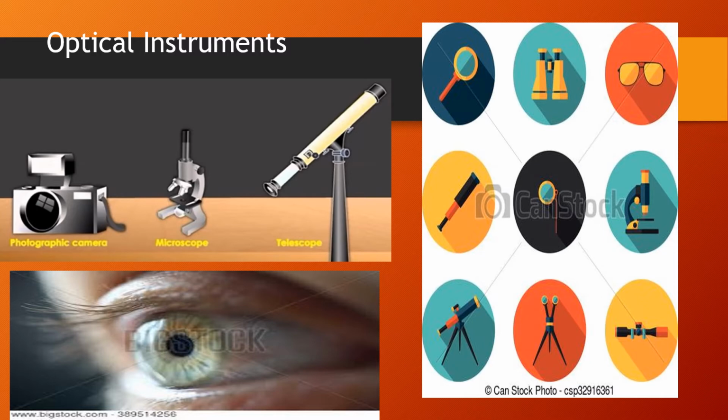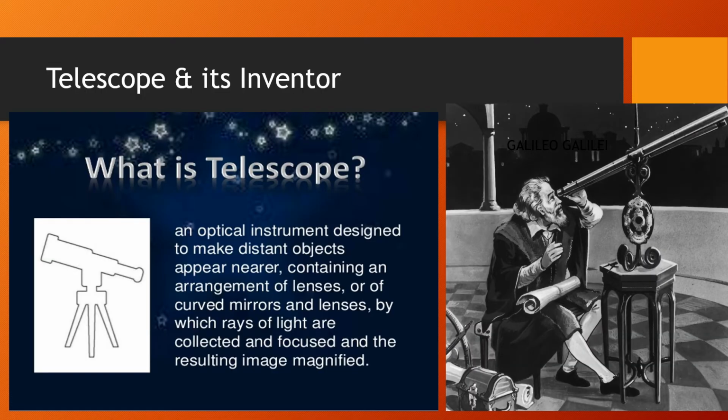Photographic camera, microscope, telescope, magnifying lens, goggles are some of the optical instruments, and each optical instrument has a distinct resolving power. Even the human eye has a distinct resolving power.